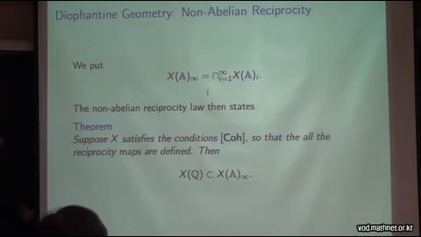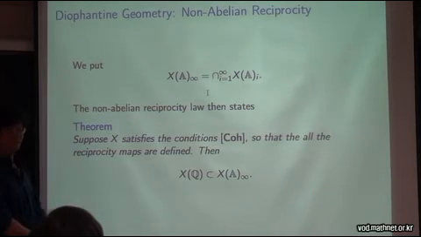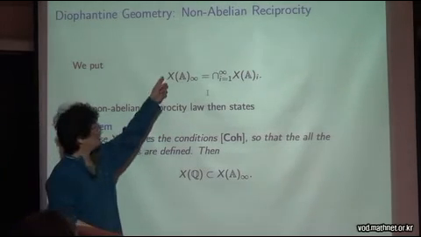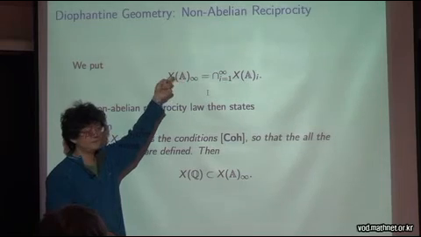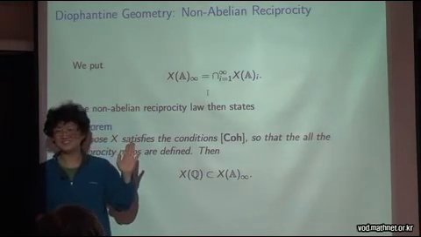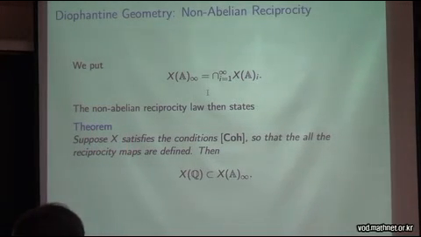Now, one thing which is a little bit misleading about this theorem is that it is possible that this X sub infinity is everything. This reciprocity map is not necessarily non-trivial. So that's a remark, here's a warning.